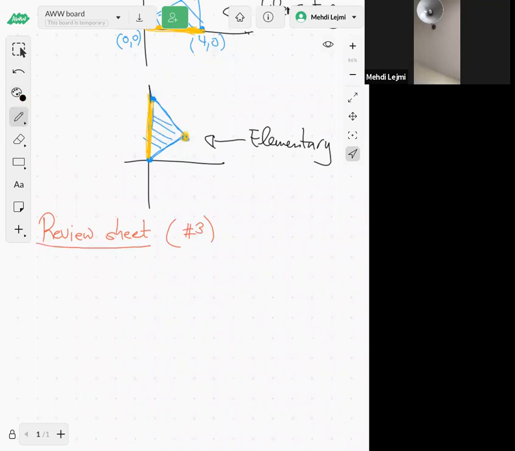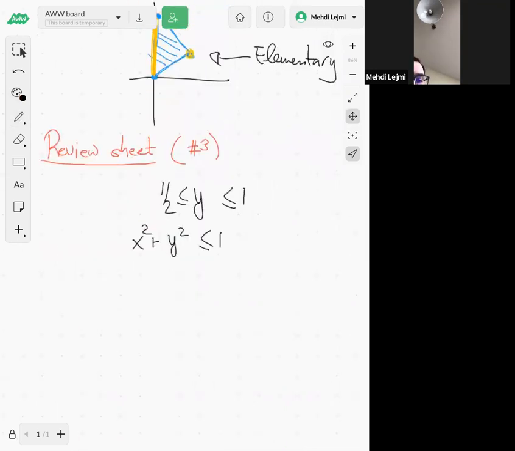It says y between half and 1, and then x squared plus y squared less than 1. So that's a circle. Let's sketch the region here.